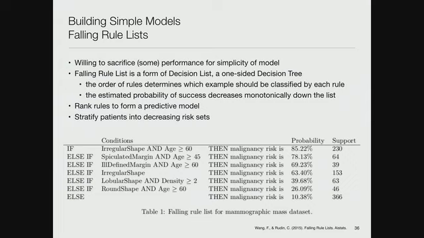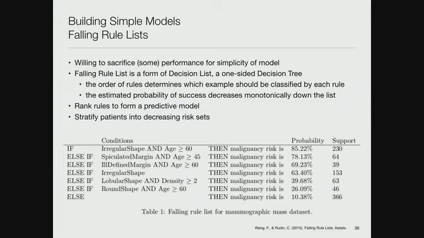So this is an example for a mammographic mass data set. So it says if some lump has an irregular shape and the patient is over 60 years old, then there's an 85% chance of malignancy risk, and there are 230 cases in which that happened. Okay?